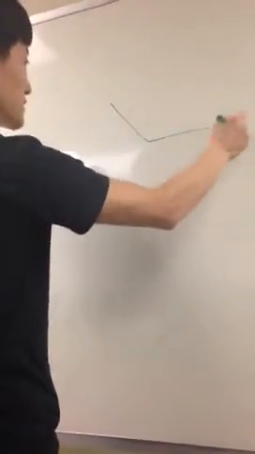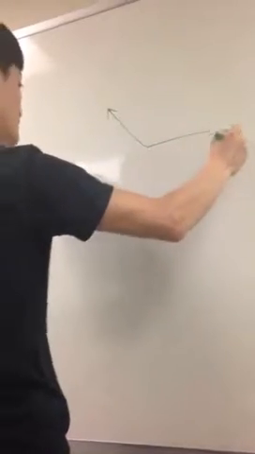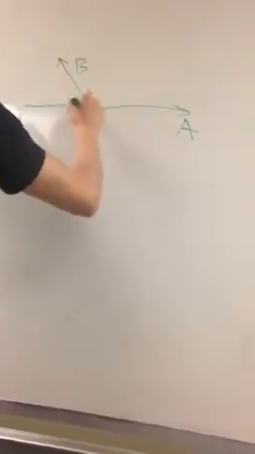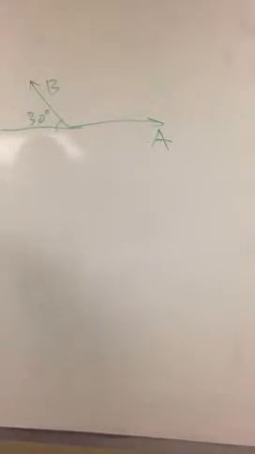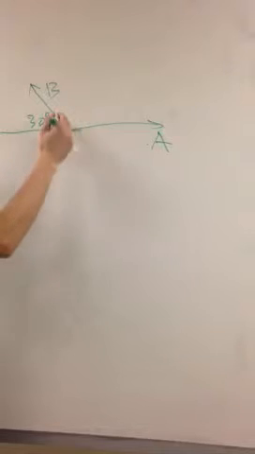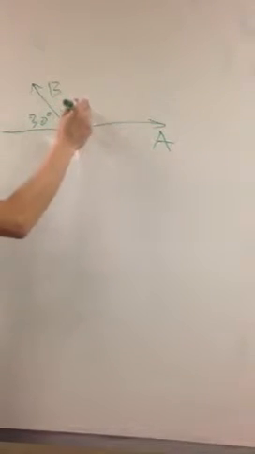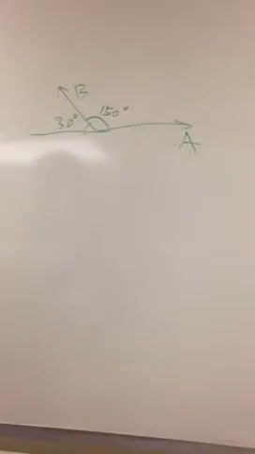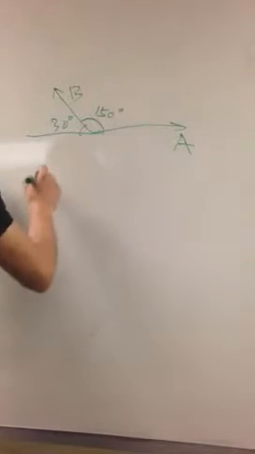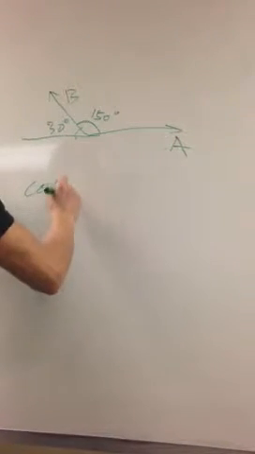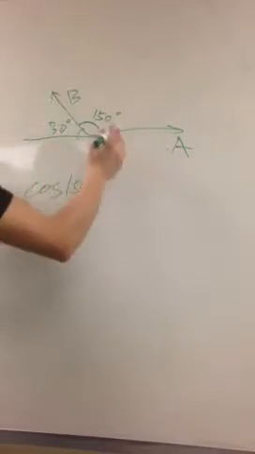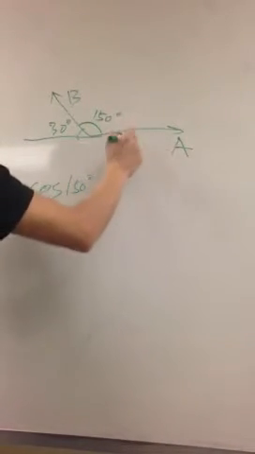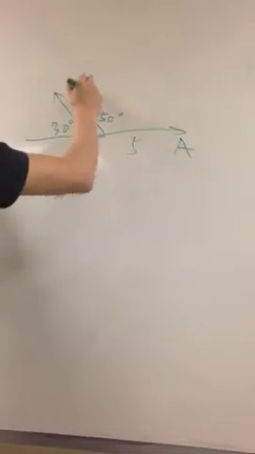All right, last one. The last one is the same equation. A, B, they give you this angle is 30. But actually you need the angle between these two. So here is 150, right? What you need to do is cosine 150. You know the magnitude: A is 5, B is 8.